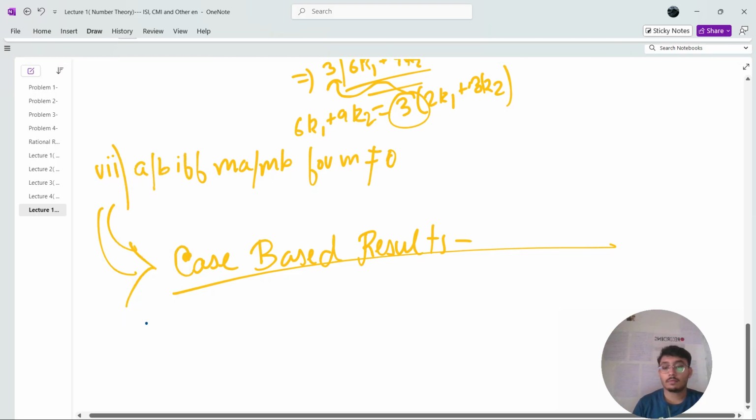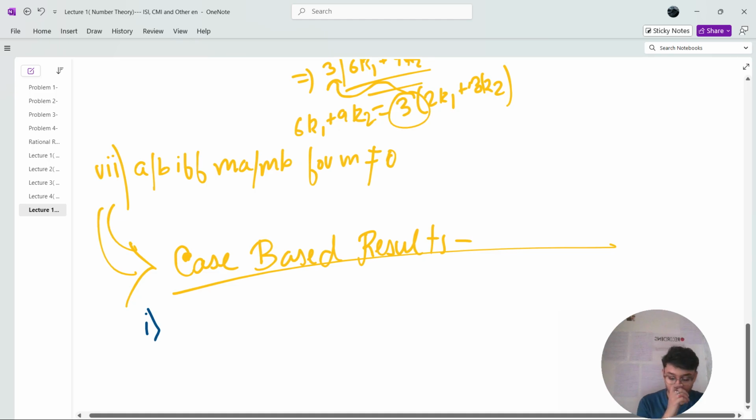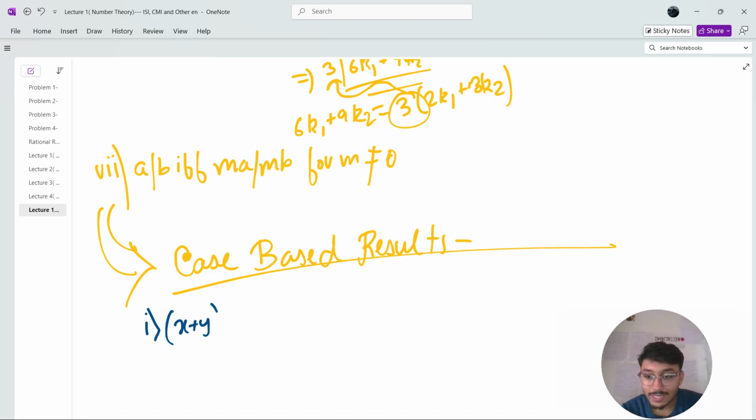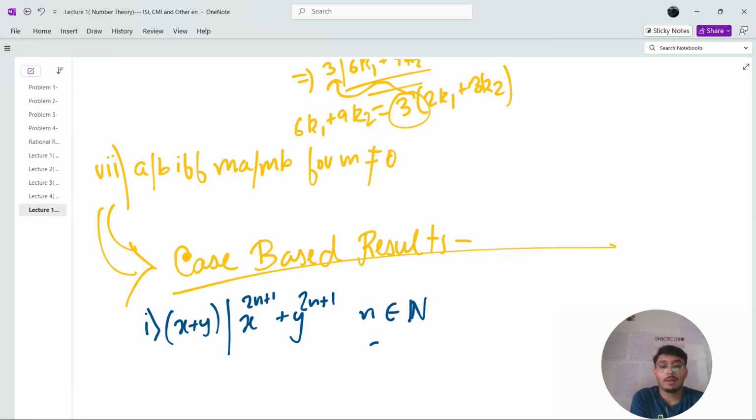Number 1, x plus y divides x to the power 2n plus 1 plus y to the power 2n plus 1, subject to the condition that n has to be an element of naturals and x plus y can't be equal to 0.